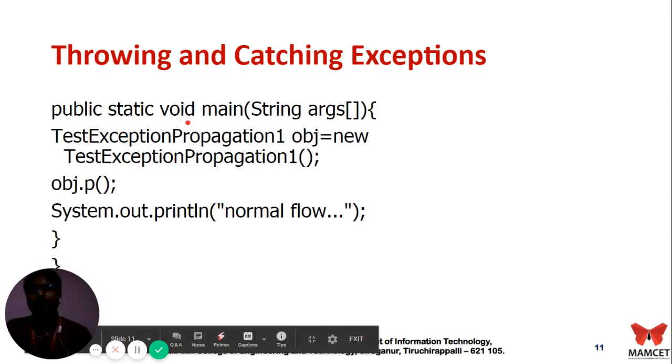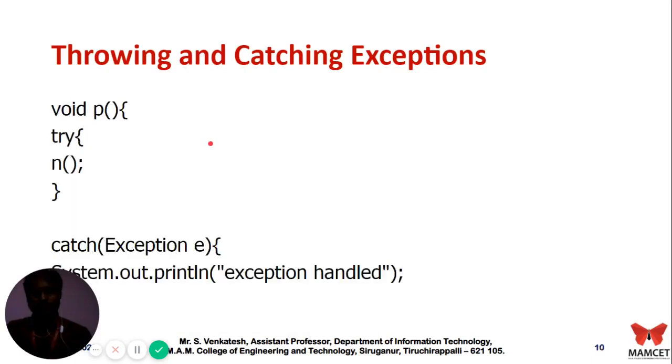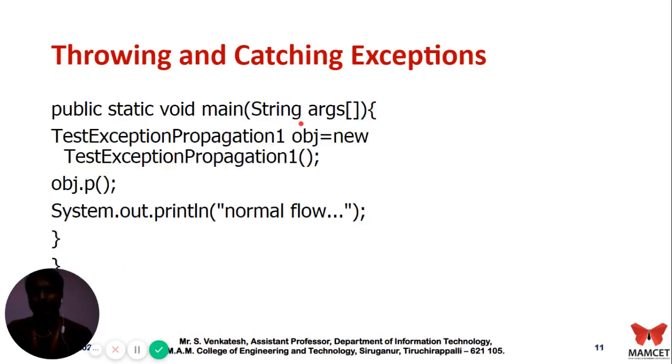Next in main method we have the class TestExceptionPropagation1. That class is written here and an object obj is created for that class using the new operator. Now obj is the object for class TestExceptionPropagation1. Now obj.p method.